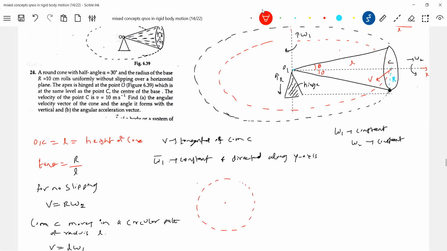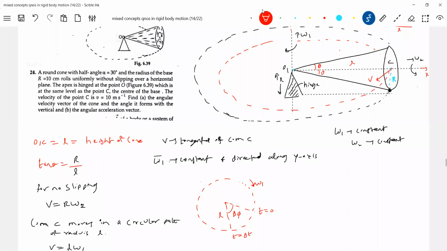How omega 1 will show it: omega 1, we are showing it in this way. So what is the radius of this? This is L, no? Then it will make an angle delta phi in an interval of time. At t equals 0 it is here, at t equals delta t.